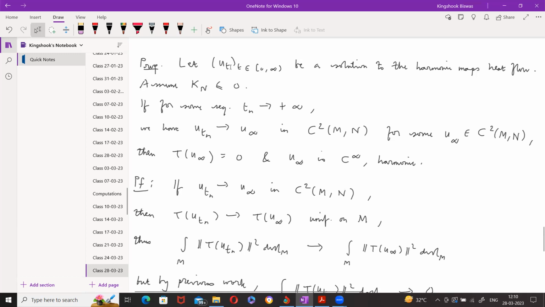Okay, so that would have proved what's called the Eells-Sampson theorem. That is, any continuous map from M to N, where N has non-positive sectional curvature and M and N are both closed, is homotopic to a harmonic map. What you would have to do is first take your continuous map and homotope it to a smooth map.